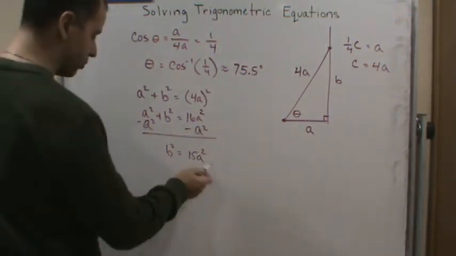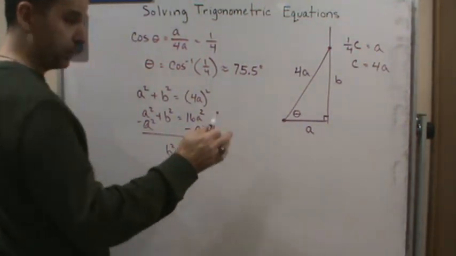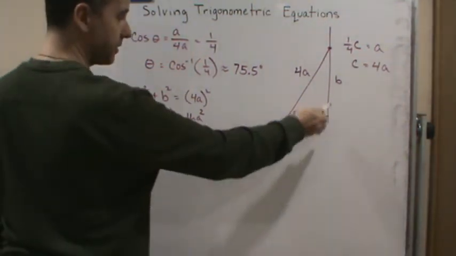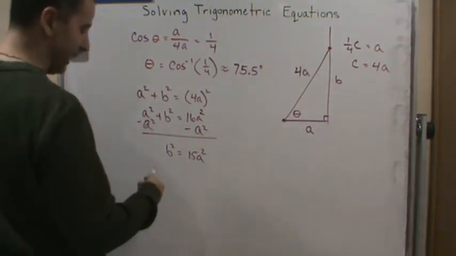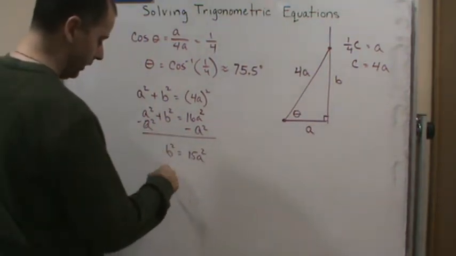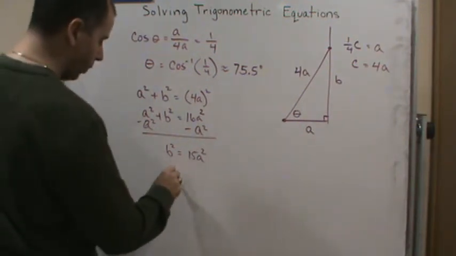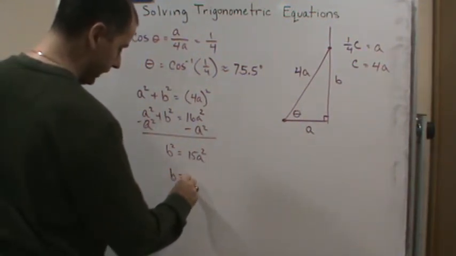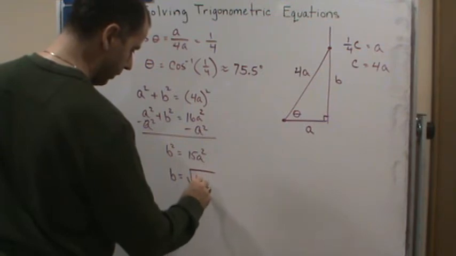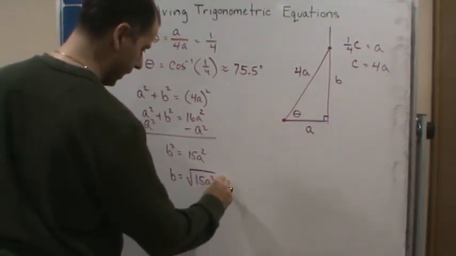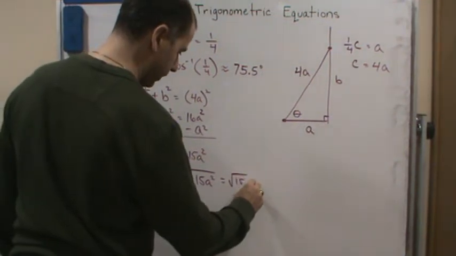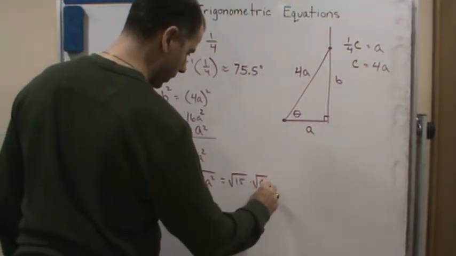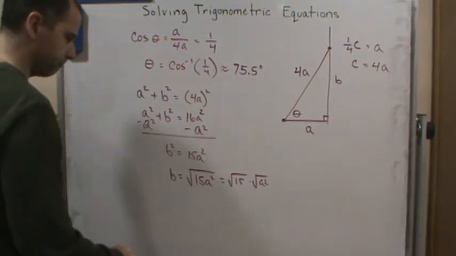And now when I take the square root of both sides, again, I'm not going to take plus minus because we're talking about physical lengths, and we can't have negative lengths in reality. So b is going to equal the square root of 15a squared, which equals the square root of 15 times the square root of a squared.